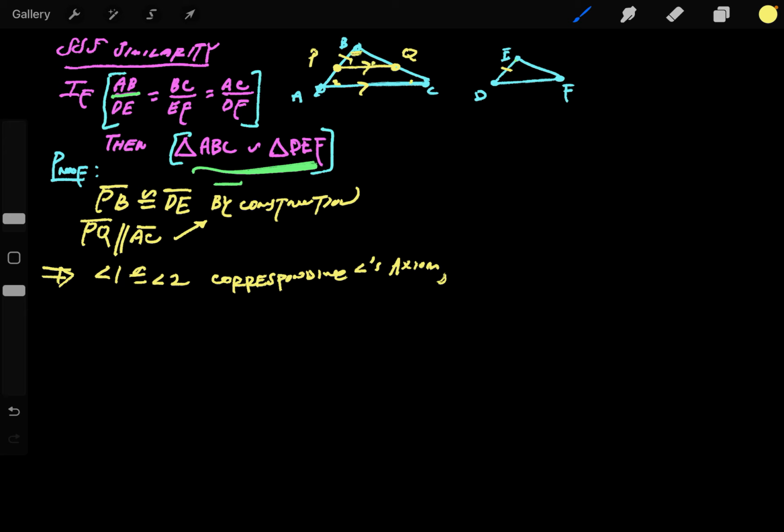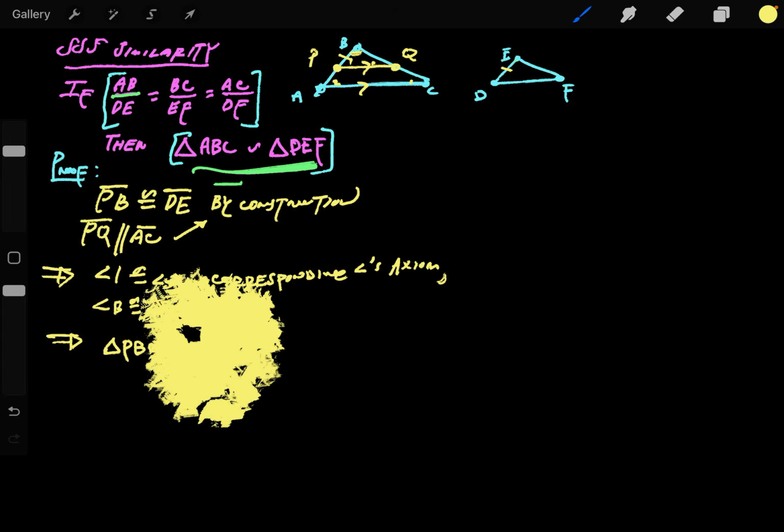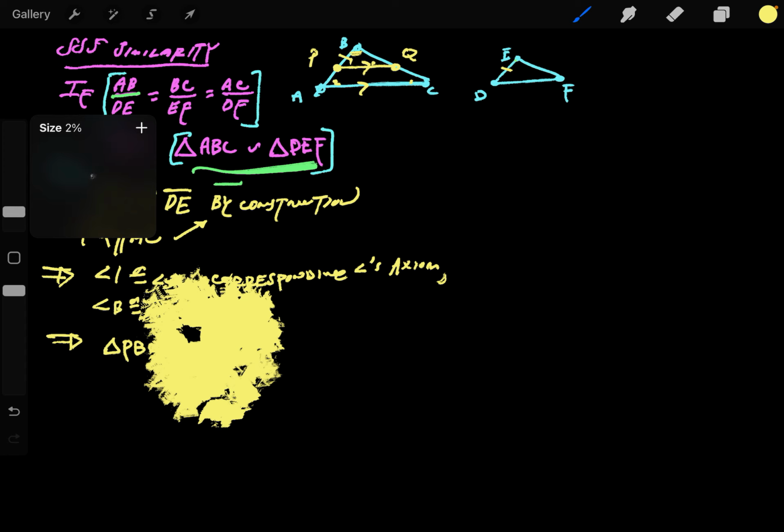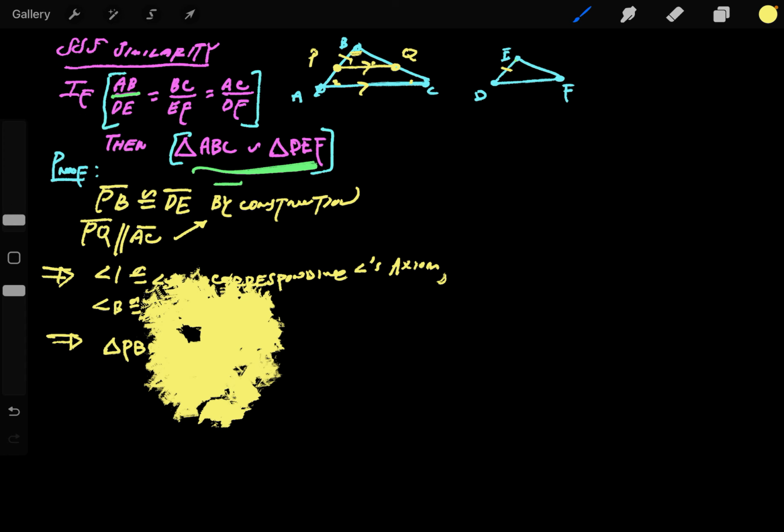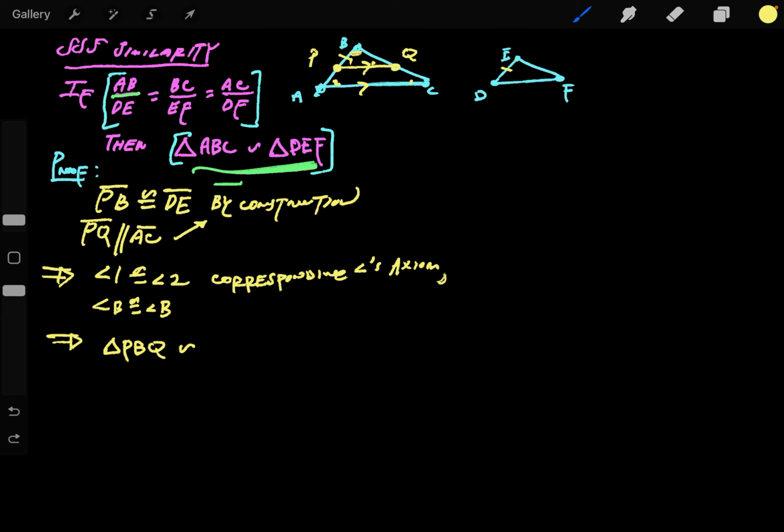They both share this angle up here, so I'm going to say angle B is congruent to itself. And then these two things imply that triangle PBQ is similar to triangle ABC, by angle similarity.